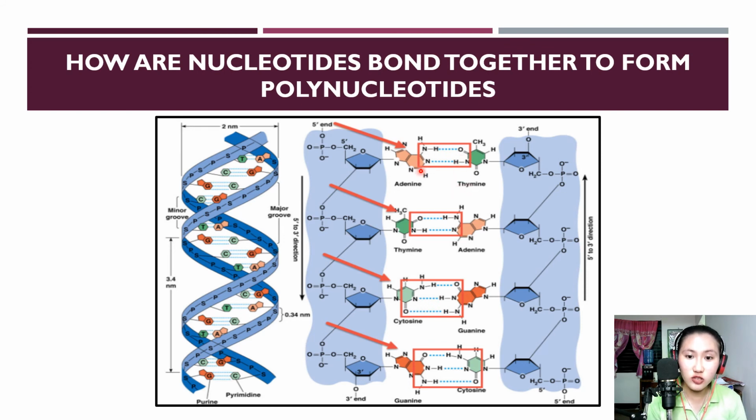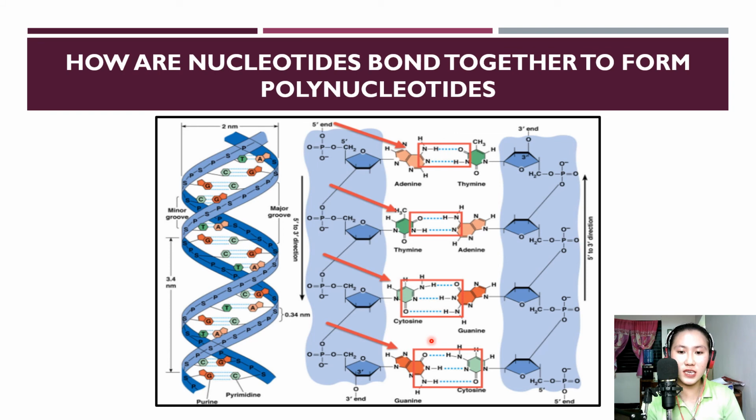And the nitrogen of adenine is bonded to the hydrogen of thymine. So therefore, as you can see, hydrogen bonds are the intermolecular forces of attraction that bond nucleotides to form polynucleotides.